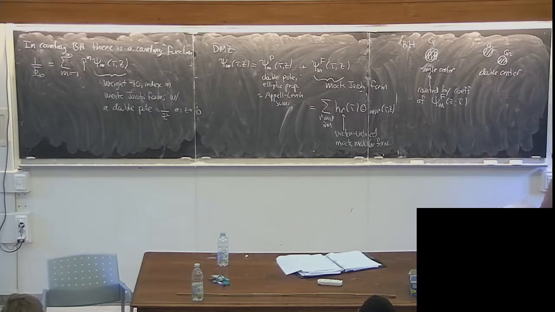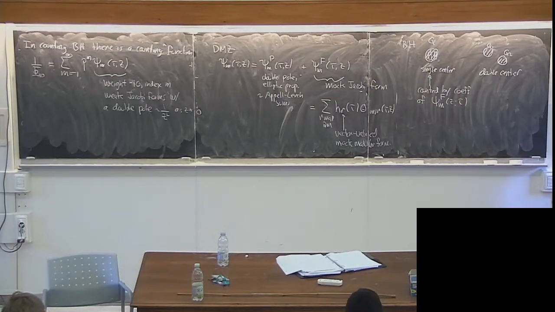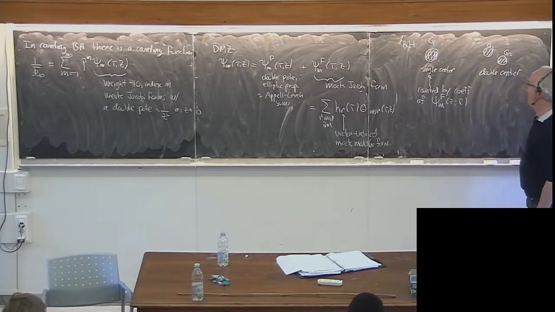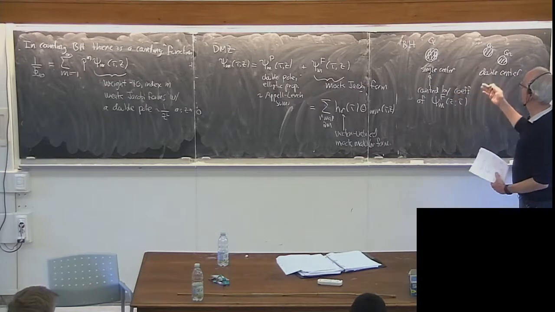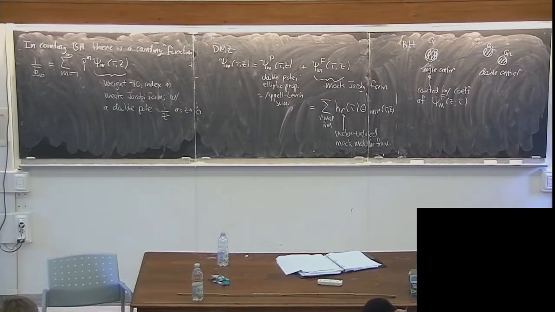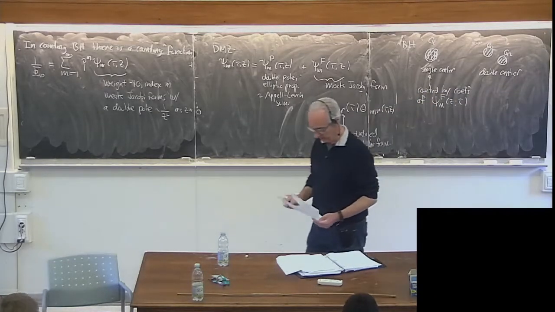And so here, if you want to get a modular answer, you need to add both the single center and the double center ones. If you want to get an answer which is holomorphic, you just do the single center ones, but it's not modular. So again, there's a physical interpretation of the tension between holomorphy and modularity, but here the physical interpretation is whether you include or don't include these double center black hole solutions in the gravity description of what's going on.